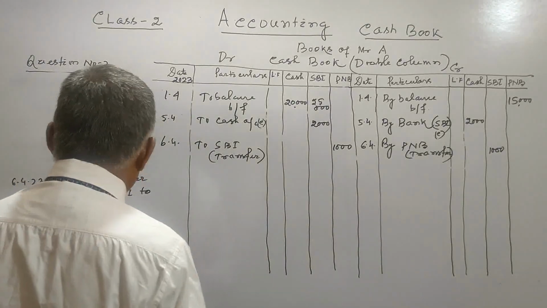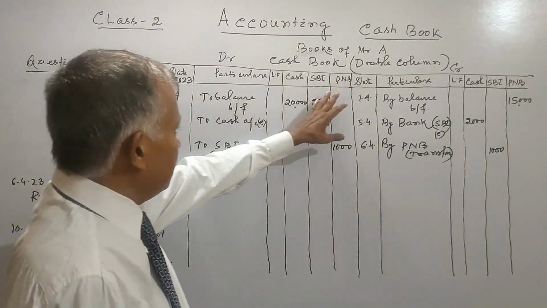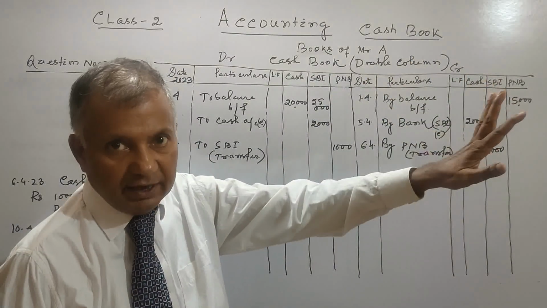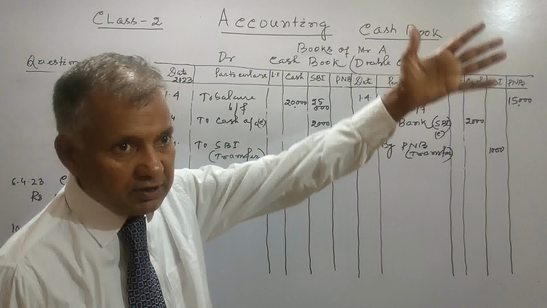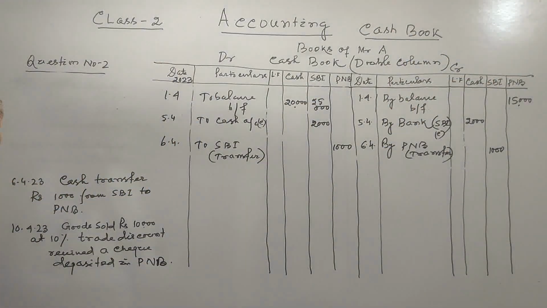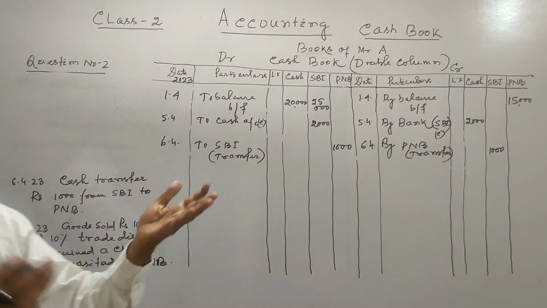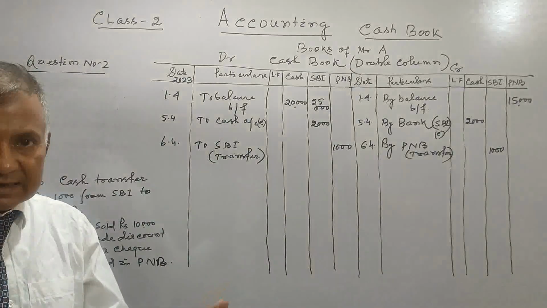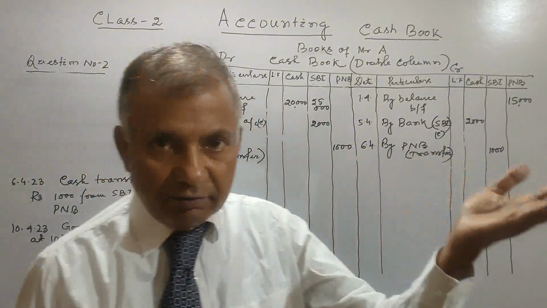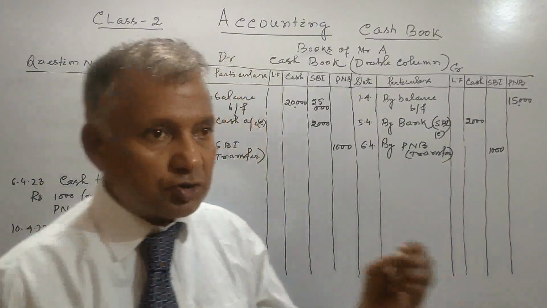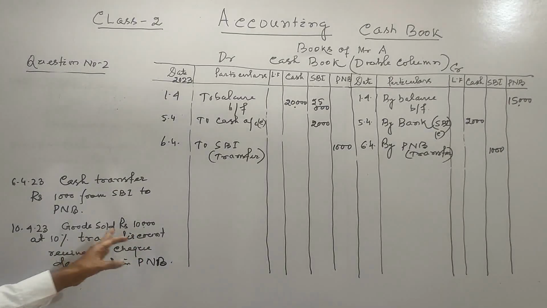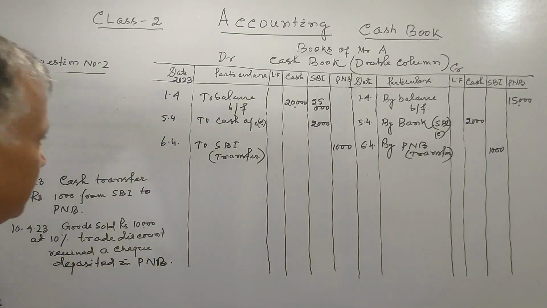So that means your Punjab National Bank will be debited because the check is deposited in the Punjab National Bank, and it is a sale. It is a cash sale because you are getting the check and you are selling the goods. So it is a cash sale for rupees 10,000 minus 10%, 9,000.